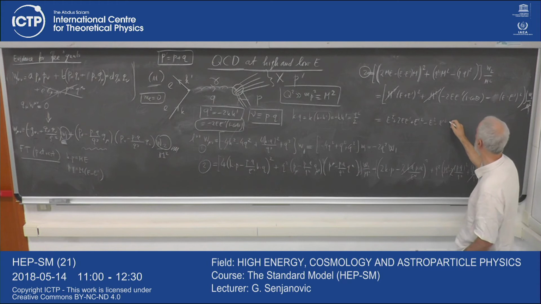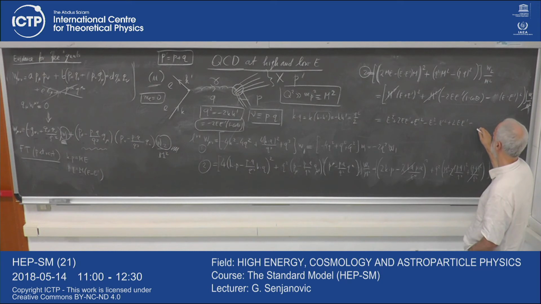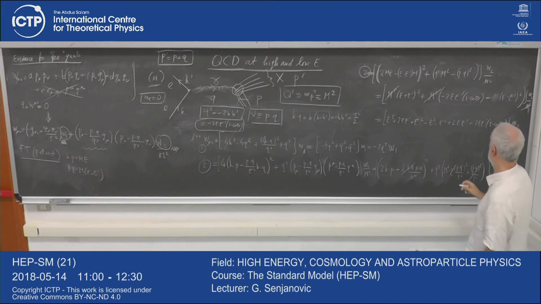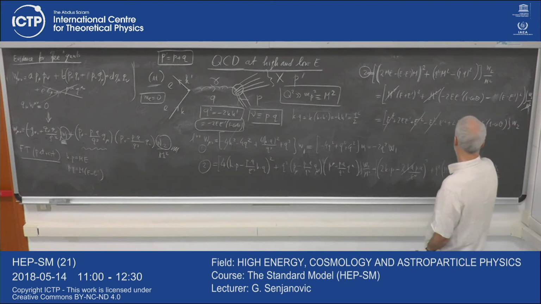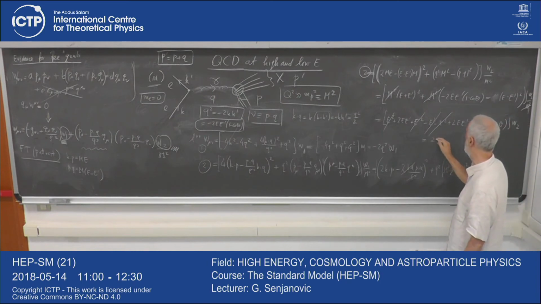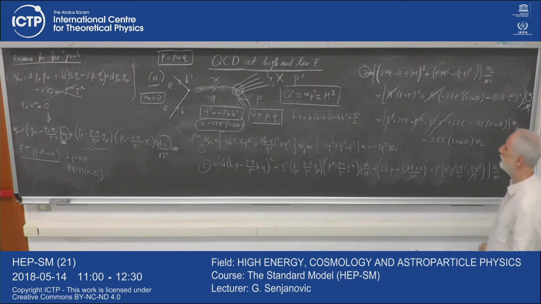So it becomes plus 2 E prime minus 2 E prime 1 minus cosine theta, W2, E square E prime square. So I have 4 E prime minus 2 E prime. So this becomes 2 E prime is common, 1 plus cosine theta, W2. This is the second piece.